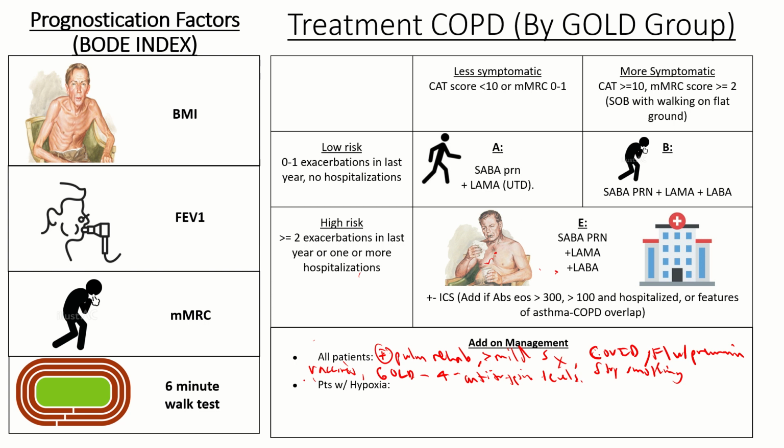Lastly, patients with hypoxia. So cutoff for all patients, if they have an O2 level less than 88%, or a PaO2 less than 55, these patients are going to get chronic O2 therapy.